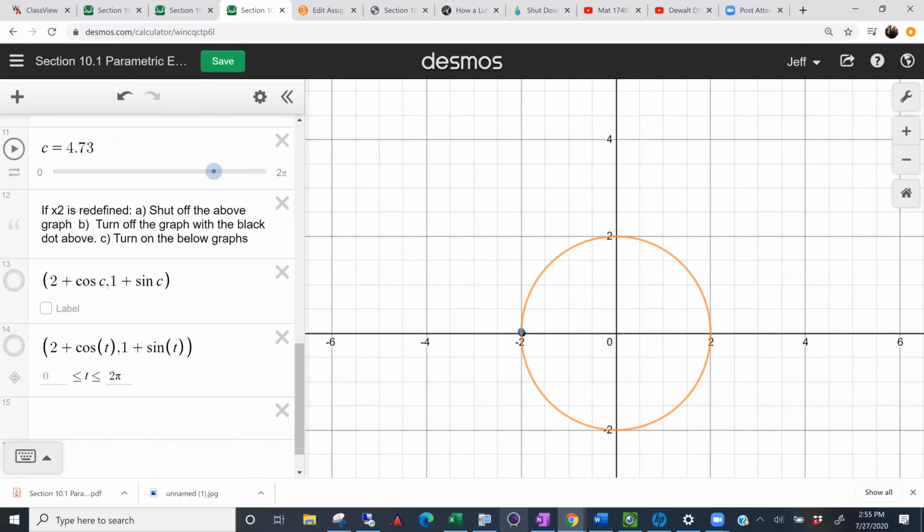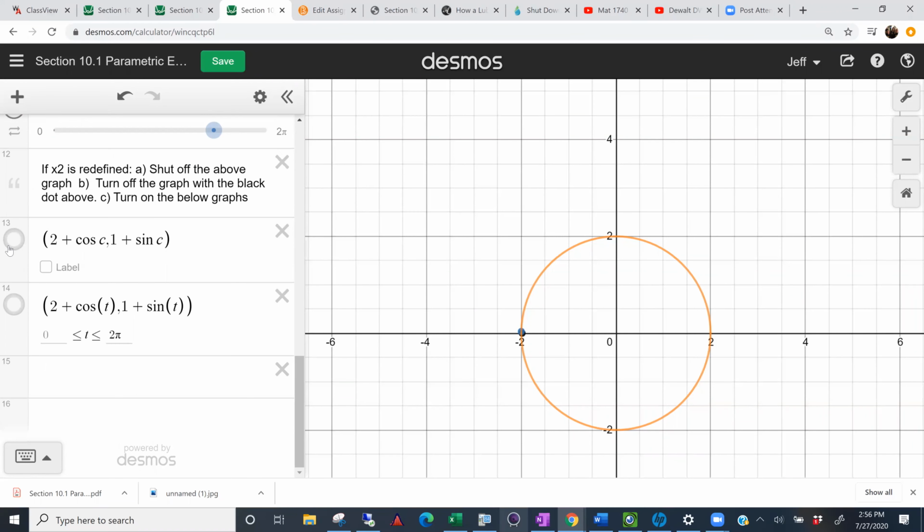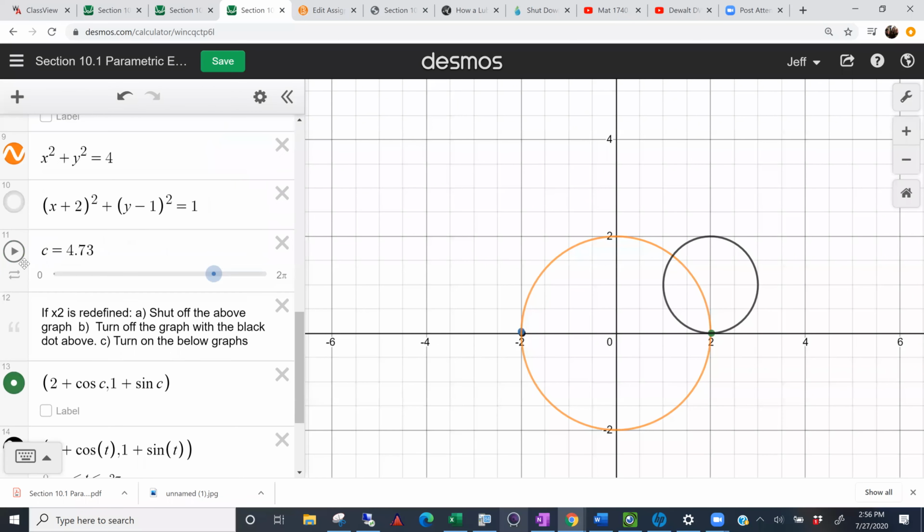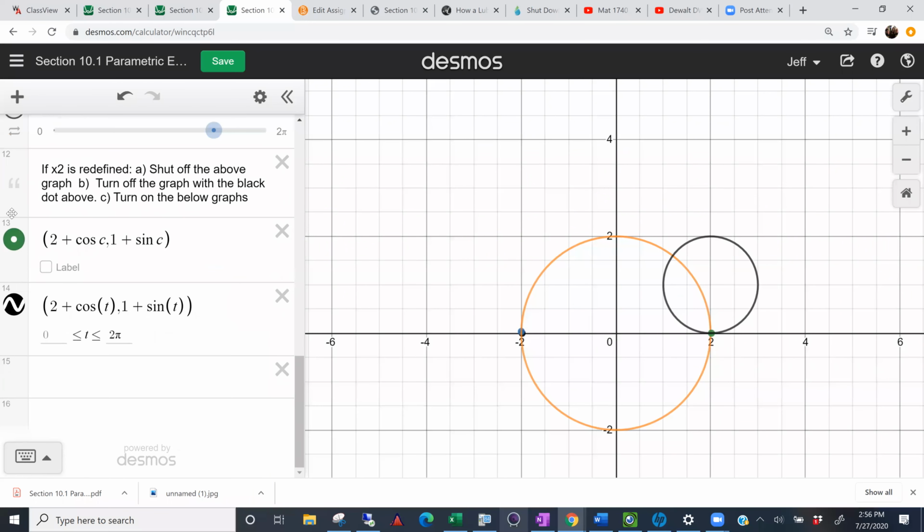And I want to turn on this graph. So if you shut off this one graph above here, let's rotate around and see if there's a collision point again.